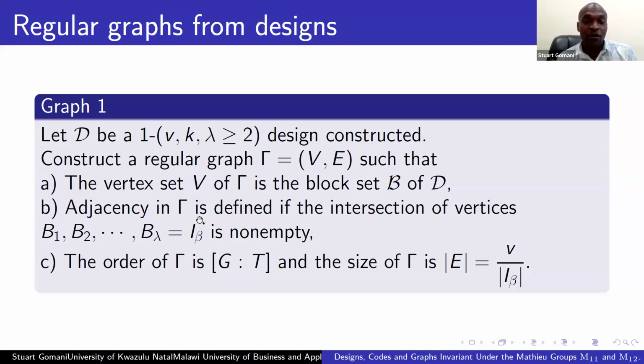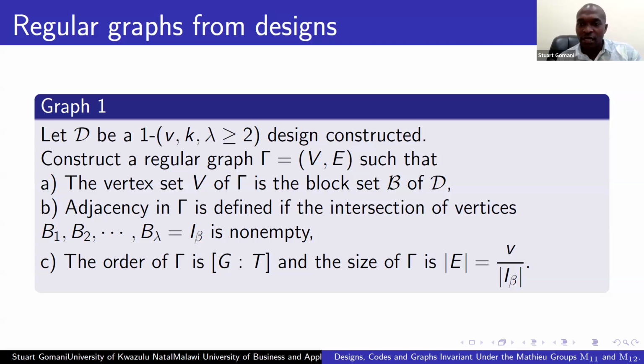And adjacency in the graph is defined by taking the intersection of lambda blocks and making sure that the intersection of lambda blocks has at least an element. And with that, we're able to obtain a graph of order the index of the maximal subgroup in the group. By order, we mean the number of vertices that this graph has. And the graph has got size V over the number of elements in I beta. By size there, we mean the number of edges of this graph.